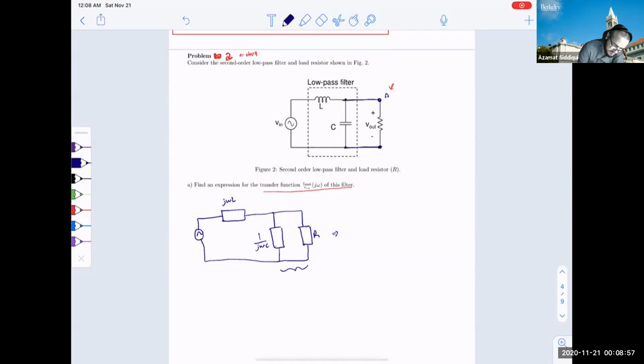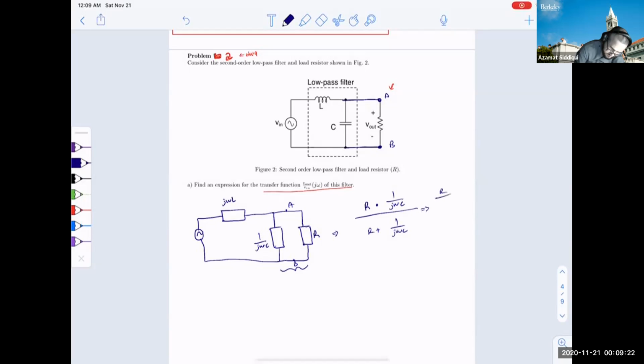So say A and B, this is A, and this is B still. Let's find the impedance between A and B. R multiplied by 1 over j omega C, divided by R plus 1 over j omega C.